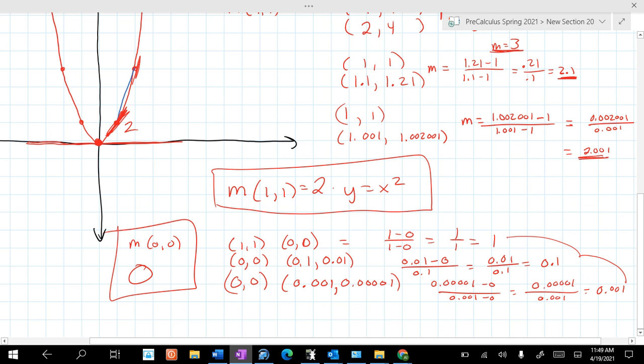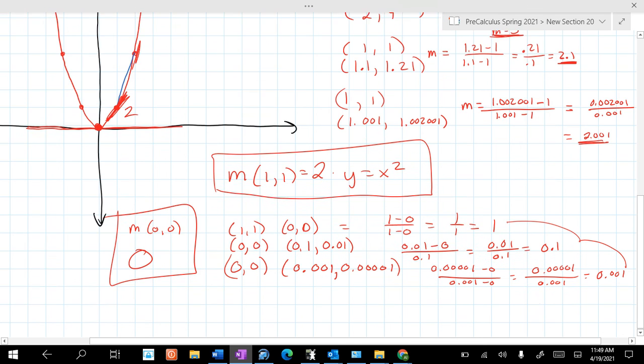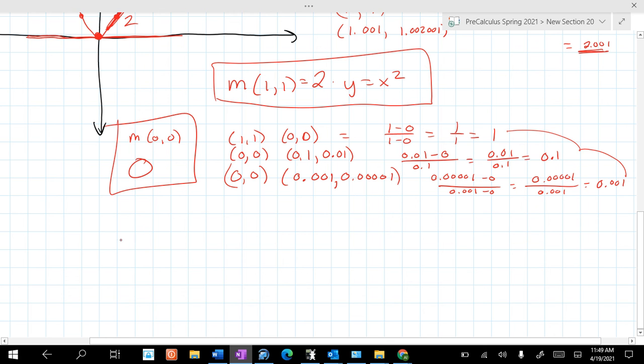Okay? So I can use subtraction in the slope formula and limits to get close. What happens with my limit is this. If I take the limit as h approaches 0, and I use h because, well, you'll see. So what is happening in these slope formulas? Well, I take y2 minus y1.